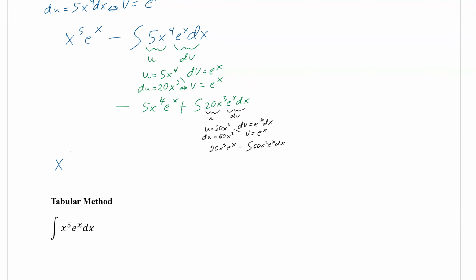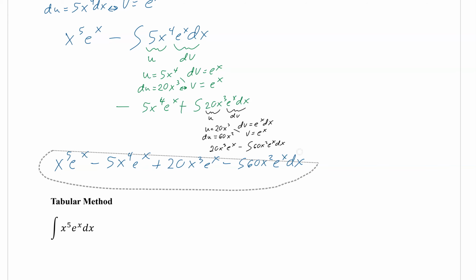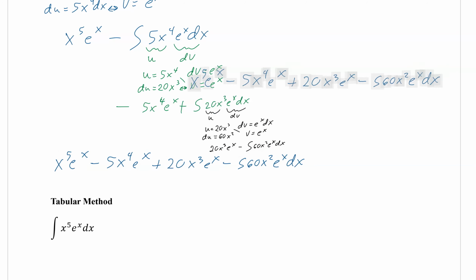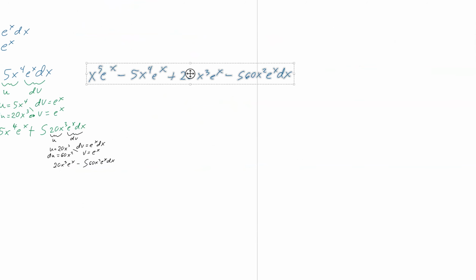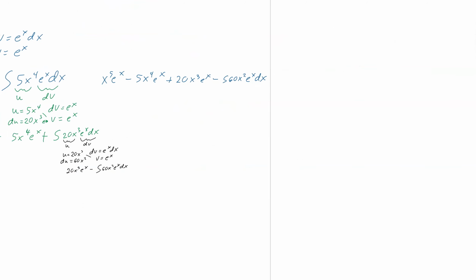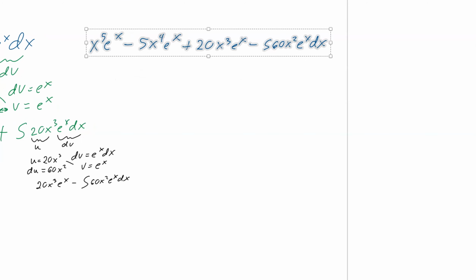So we have x to the 5th e to the x minus 5x to the 4th e to the x plus 20x cubed e to the x minus the integral of 60x squared e to the x dx. And then we're going to take this, because I told you this is the long method, and move it over here. And then we're going to shrink it, and we're going to continue on.